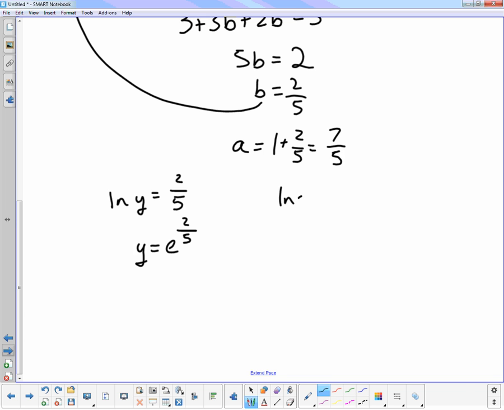And the ln of x is equal to a, which is 7/5, so x is equal to e to the 7/5. That's all you have to do. Leave it in terms of e.